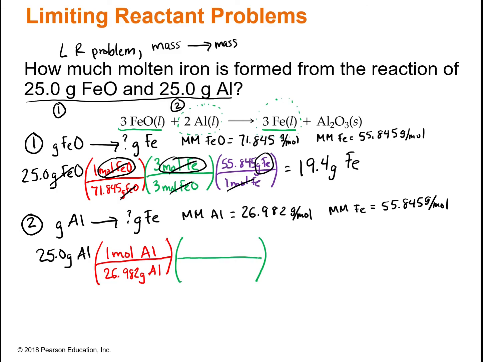Just like in the first part of the question where we were going from iron 2 oxide to iron, we want the iron in the top. And that came directly from the chemical equation. We want to write the moles of iron, or excuse me, the moles of aluminum in the bottom. So that's 2 moles of aluminum.